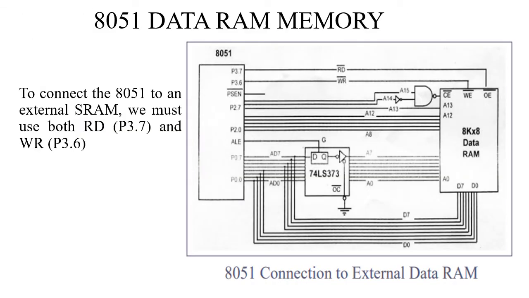In this particular slide, we will be discussing interfacing the 8051 with a static RAM. Since the static RAM is both read and write, it is bidirectional. We need both read operations as well as write operations.